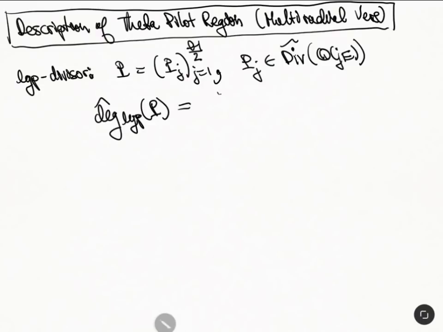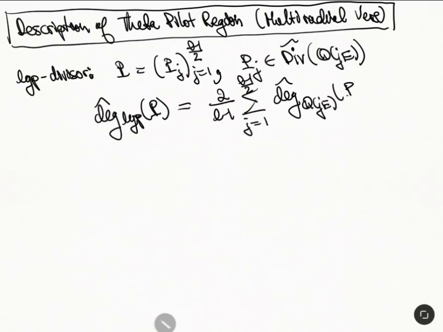So this is 2 divided by (l minus 1) times the sum from j equal to 1 up to (l minus 1) divided by 2 of deg hat Q_j of p_j.